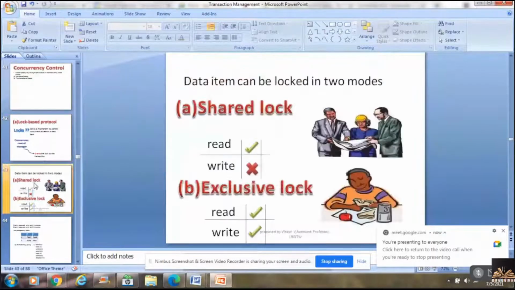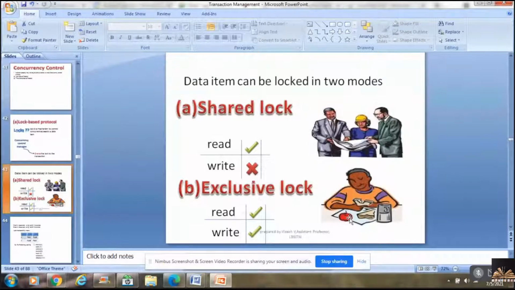Okay. Now, a data item can be locked in two ways. That is what we spoke about in the previous class. I can lock a data item in shared mode and exclusive mode. I can lock a database item in shared mode, wherein I can perform only a read operation.